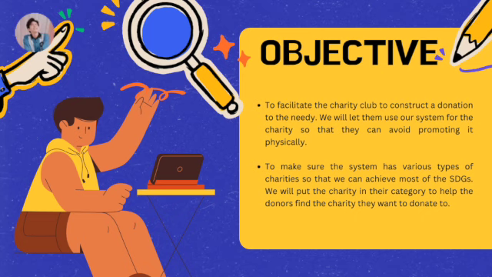Our next objective is to make sure that the system has various types of charities so that we can achieve most of the SDGs. We will also put the charities in categories to help the donors find the charity they want to donate to.